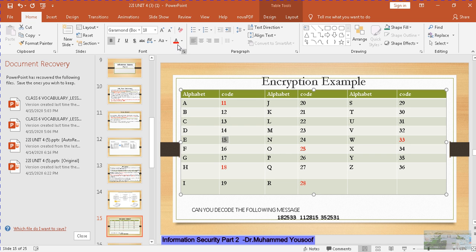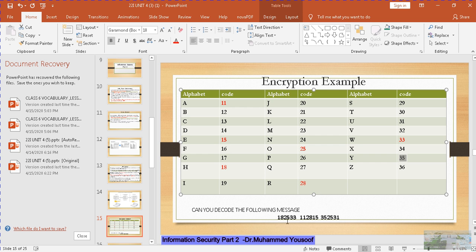E. So this is A, this is R, this is E, this is H, this is O, this is W. How are. Now go here. 35. Where is 35? Y. 25 is what? O. 31 is where? U. So what is this message?